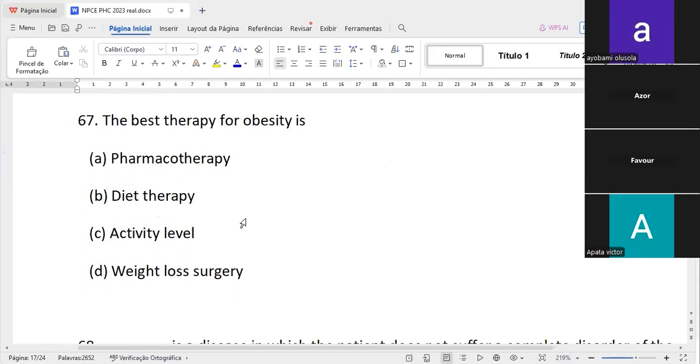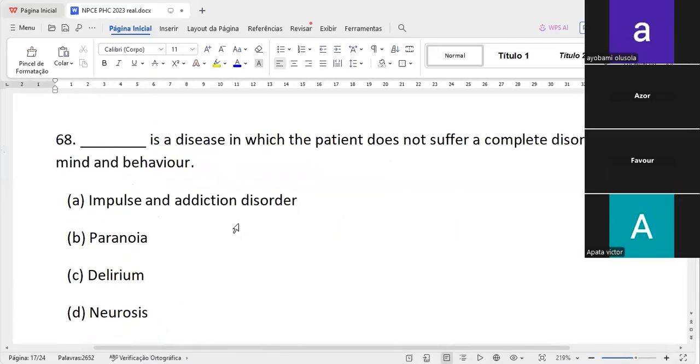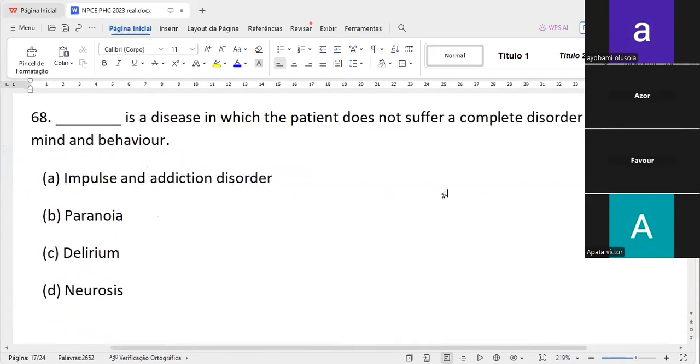The best therapy for obesity is diet therapy. Neurosis is a disease in which the patient does not suffer a complete disorder of the mind and behavior.